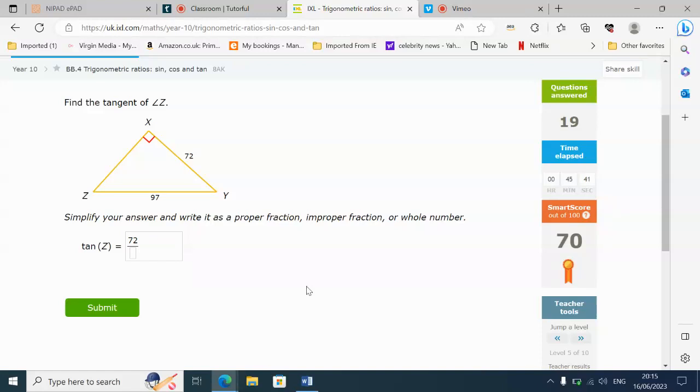So what we would do is c squared minus a squared equals b squared. So c squared is 97 squared, and then a squared is 72 squared.